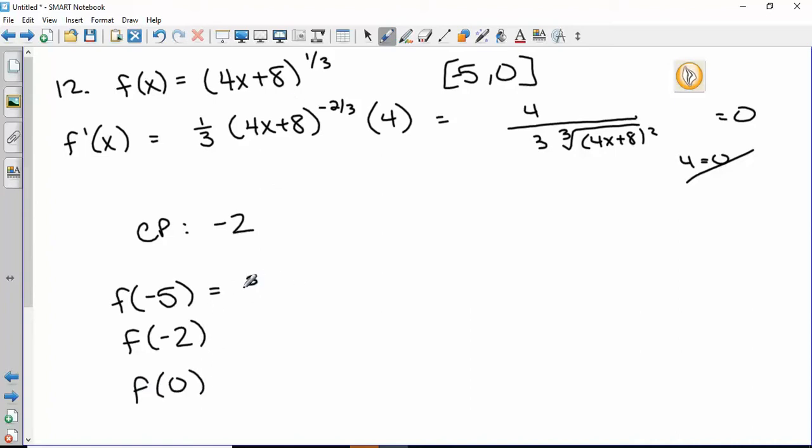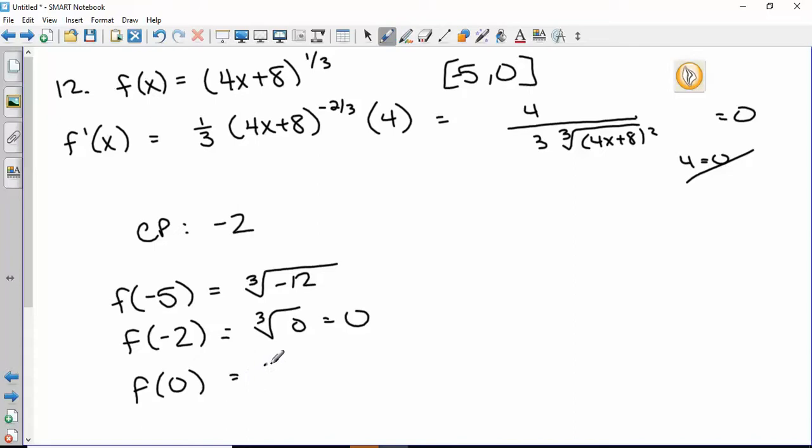So this is like a cube root. If I put in a -5, I have a -20 plus 8, so -12. Obviously on this test, I'll give you somewhat nice numbers. But let's just leave this like that for a second. -2, if I put that in, I get the cube root of 0, which is 0.